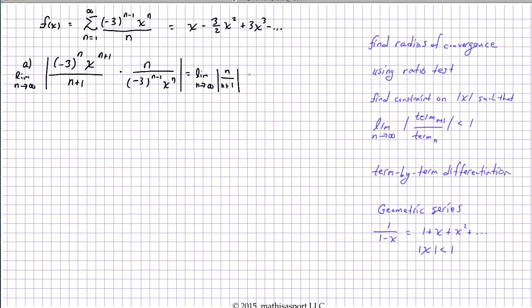We've got -3 to the n over -3 to the n minus 1, absolute value of that. And then we have x to the n plus 1 over x to the n.